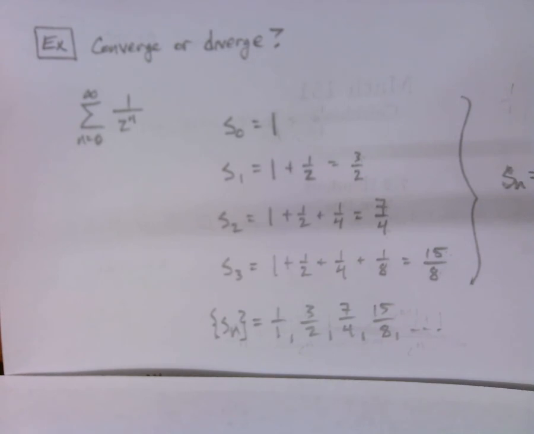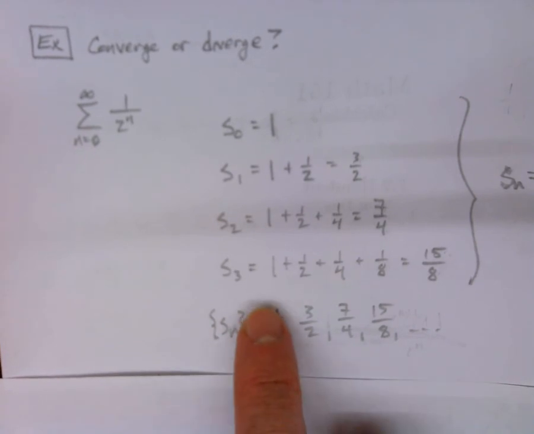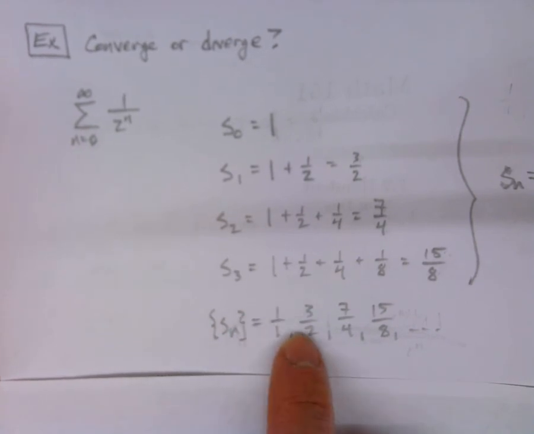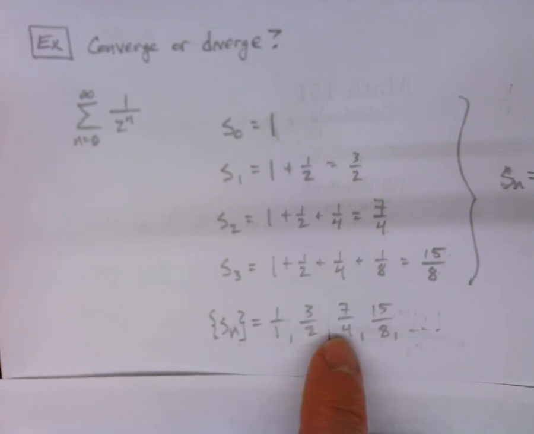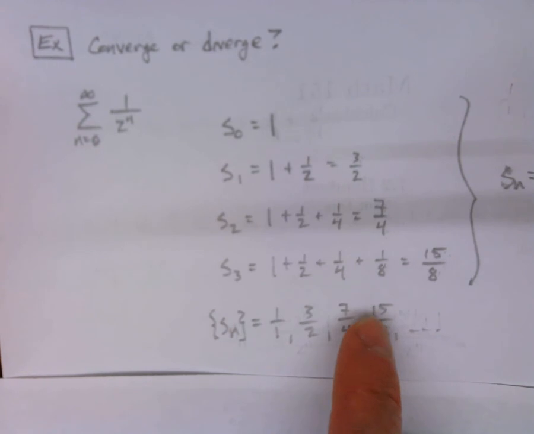Well, then what's going on with the numerator? That's a lot more difficult: 1, 3, 7, 15. But maybe, after a lot of staring, you notice that the numerator is actually connected to the denominator. It's not so obvious for the first one, but 2 goes to 3, 4 goes to 7, 8 goes to 15.